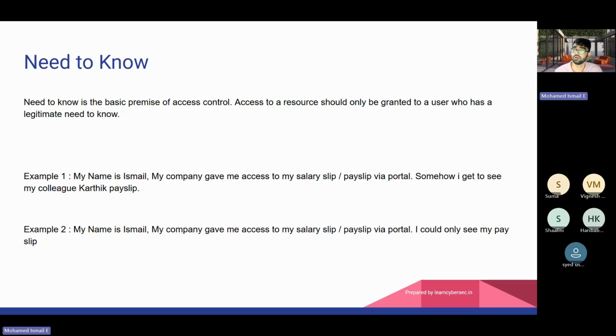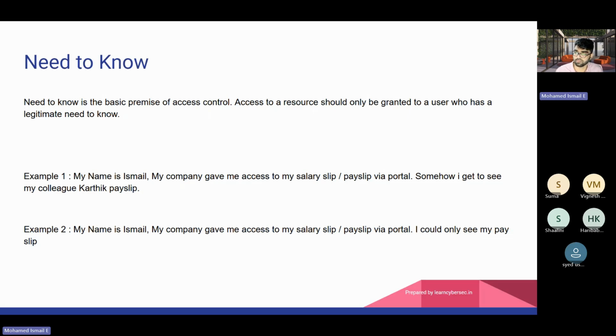Need to know is a basic premise of access control. Access to a resource should only be granted to a user who has a legitimate need to know. When you are an employee, you have access to your payslip application, you have a legitimate need, and you have full rights to see your payslip. So need to know means the subject has full rights to see the data.